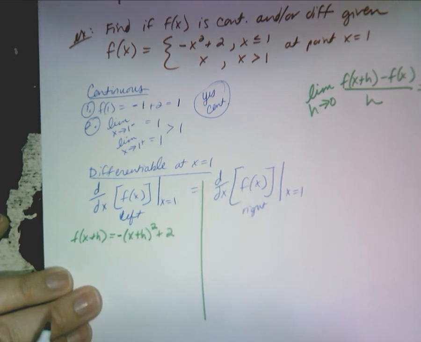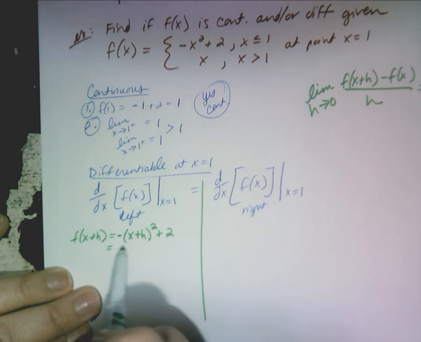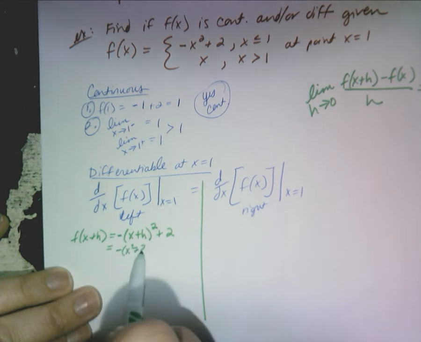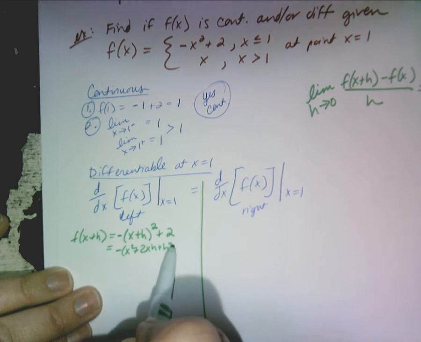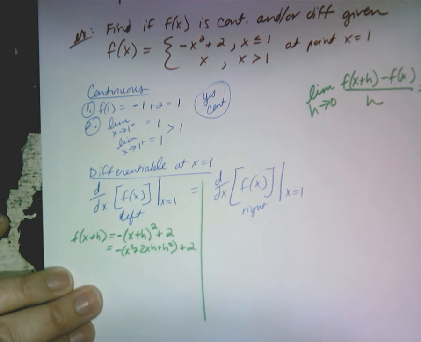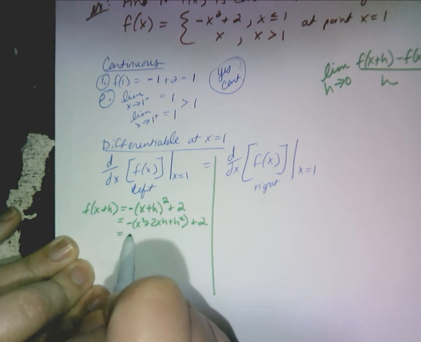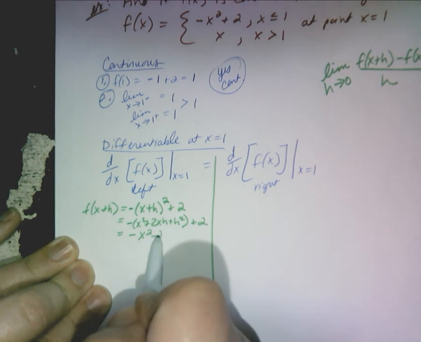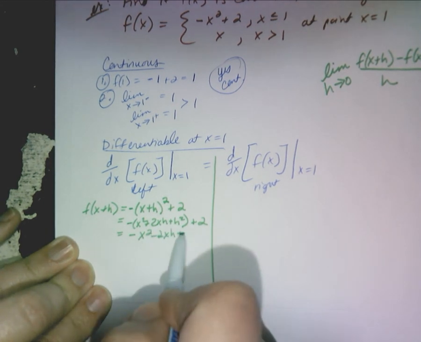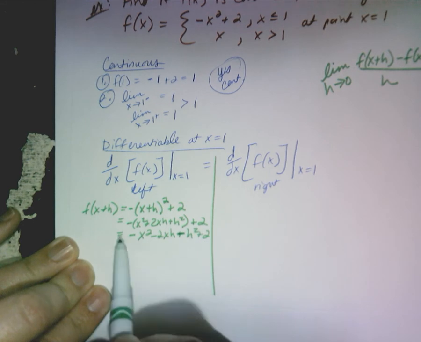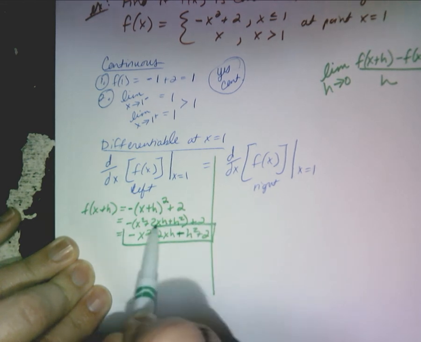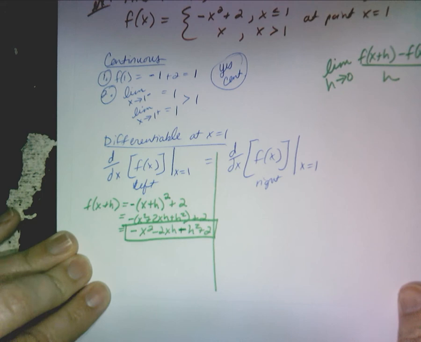And then you got to clean that up. So negative x squared, I'll do it for you, 2xh plus h squared plus 2. And then you got to distribute the negative through. Negative x squared minus 2xh, minus h squared plus 2. That, my friends, is just f of x plus h.